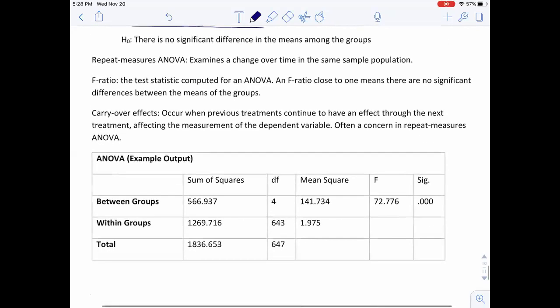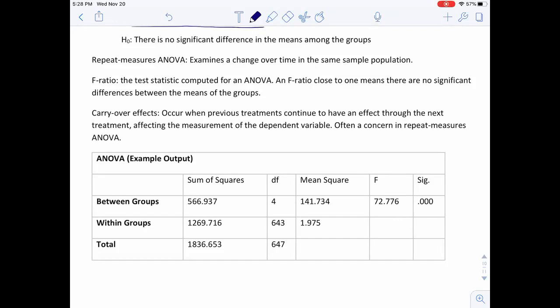So if we look at this output, it's got the between groups, within groups, and so on. What we're focusing on here is our F ratio, which is huge, 72. And so our sig, which is our p-value, is approximately 0.